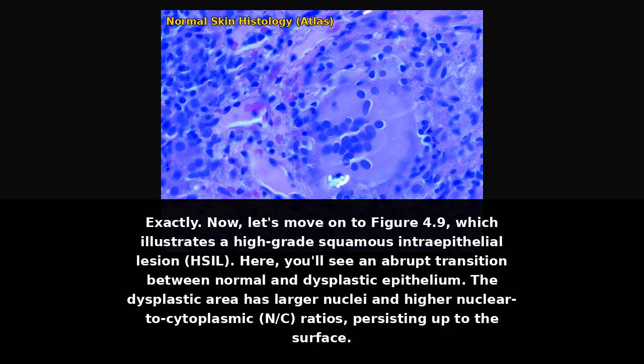Exactly. Now let's move on to figure 4.9, which illustrates a high-grade squamous intraepithelial lesion. Here you'll see an abrupt transition between normal and dysplastic epithelium. The dysplastic area has larger nuclei and higher nuclear to cytoplasmic ratios persisting up to the surface.